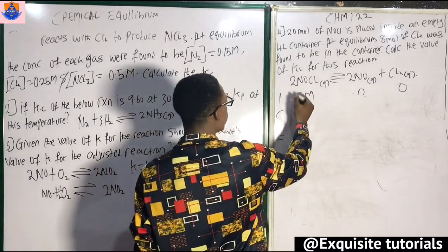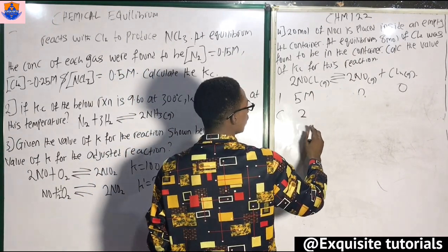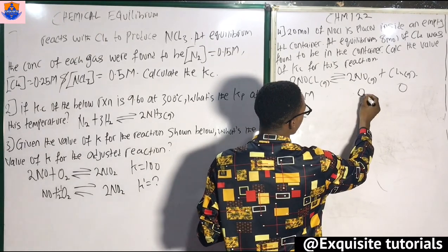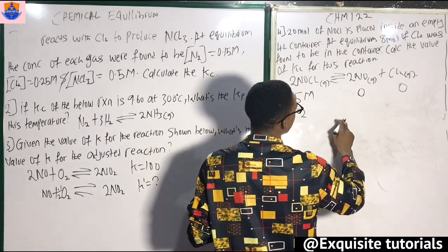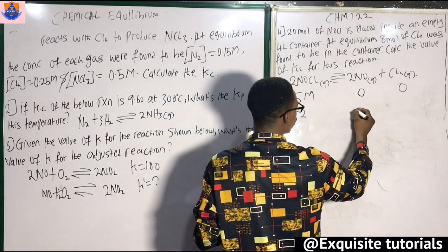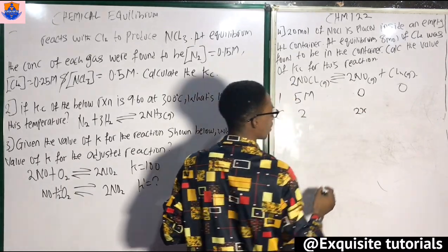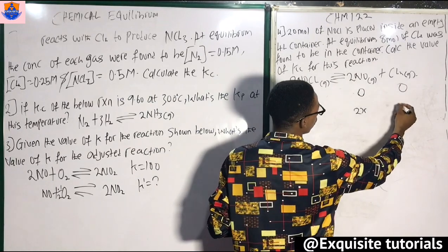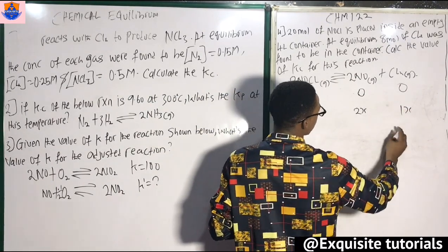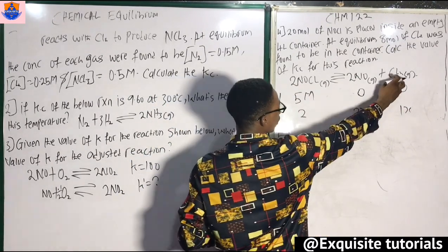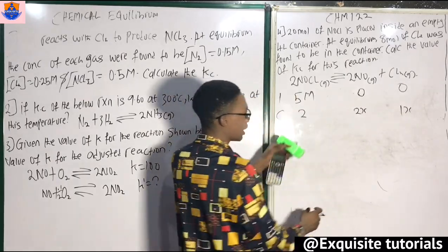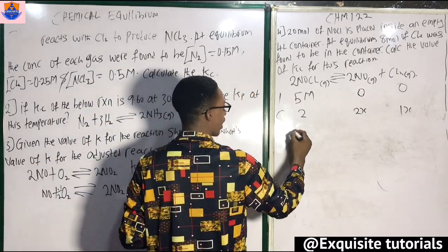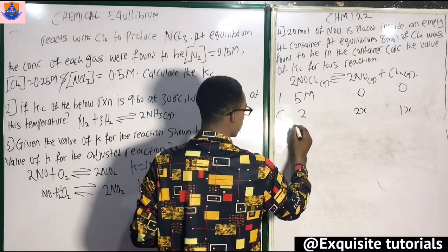So these 2 moles are giving this 2x, then we have here 1x, 2 moles, then this 1x, that is 1 mole there. So now at equilibrium position, we have 5 minus this.